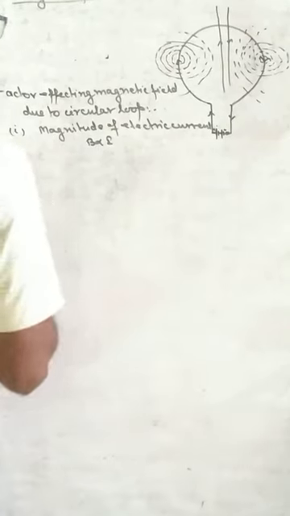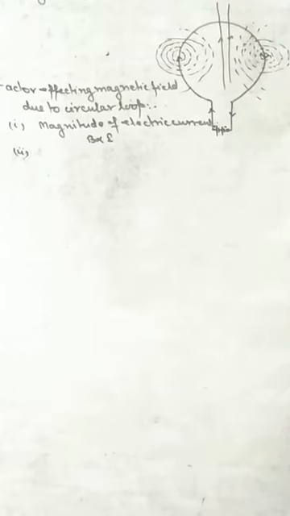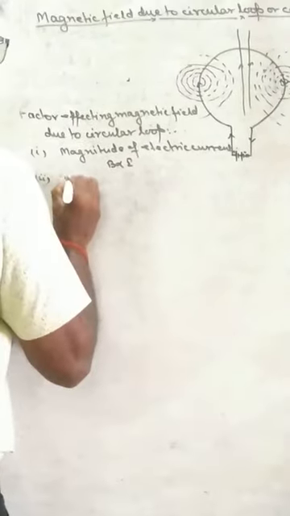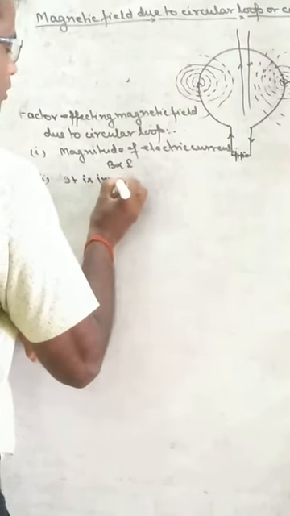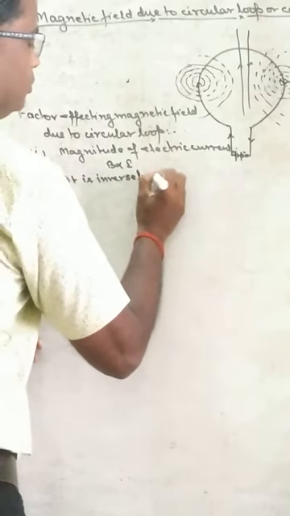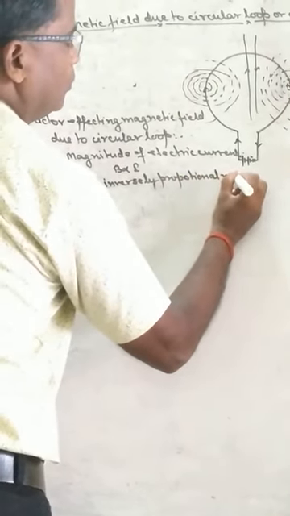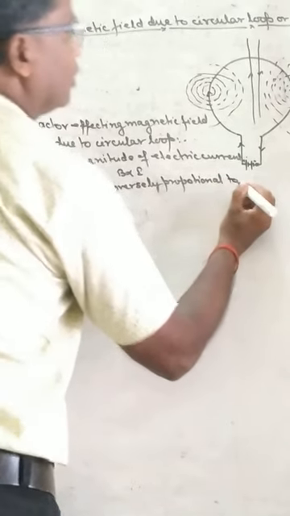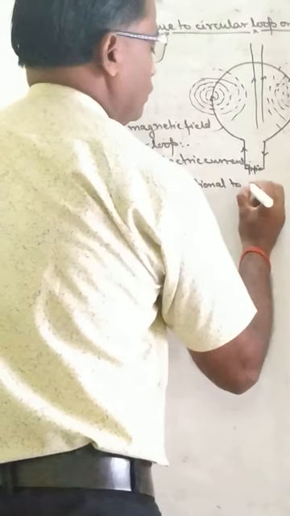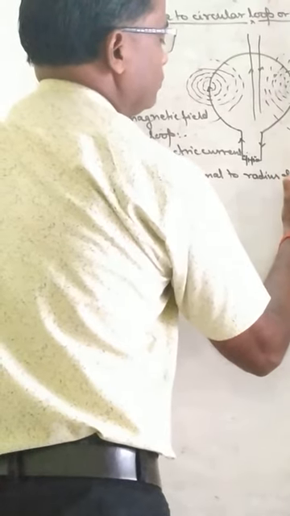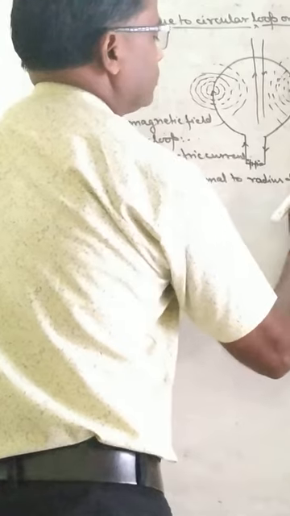Second point, the magnetic field is inversely proportional to the radius of the circular loop.